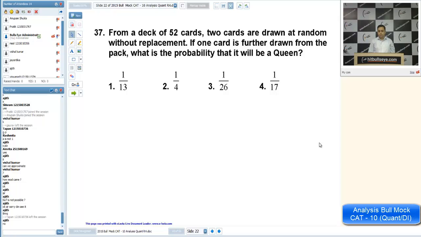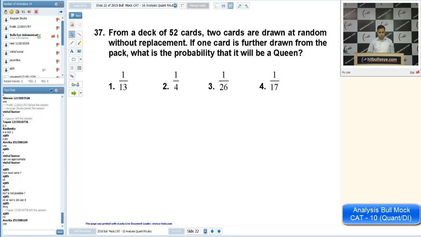Again, a question from probability. Should I explain this question? Okay.